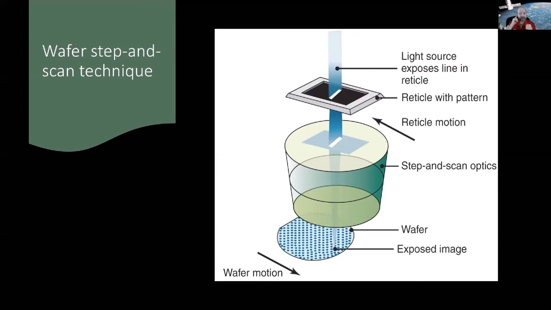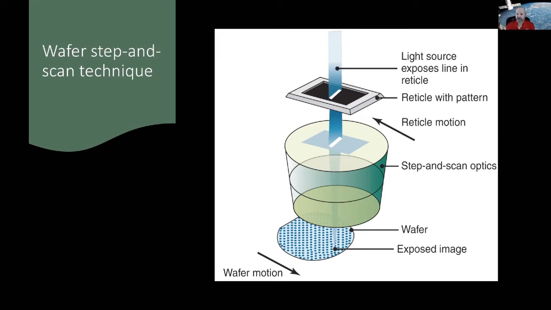Since you're only exposing a small region of the mask at a time, you can keep that region in better focus throughout the process of transferring that mask pattern onto the wafer. It's called a step and scan. That was another evolution in stepper designs over the years.